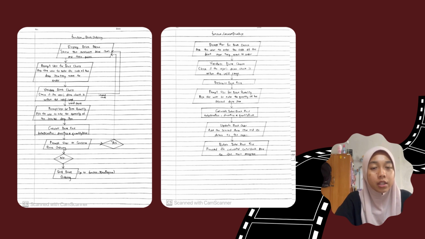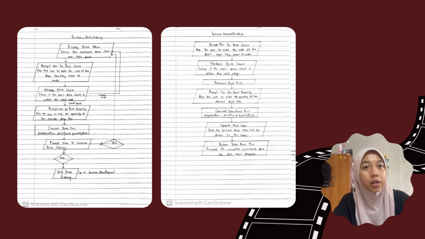to ask the user again, and if the user wants to order again, it will continue to display the same as before, and if they don't want to, it will end at that part.